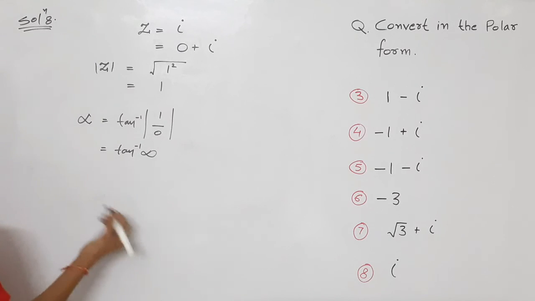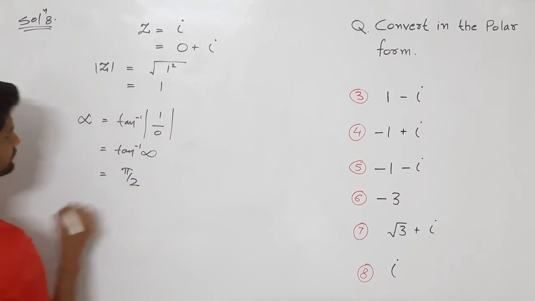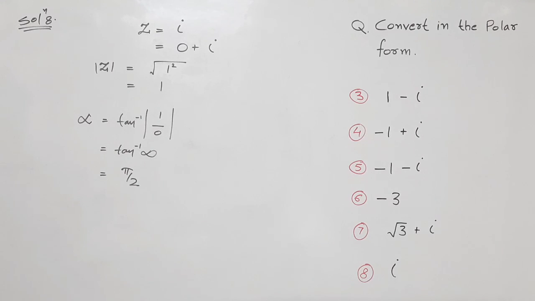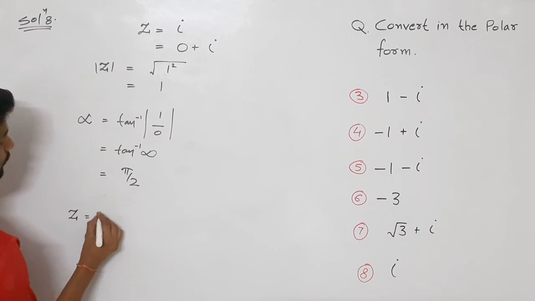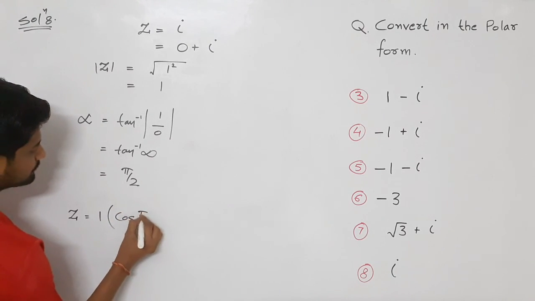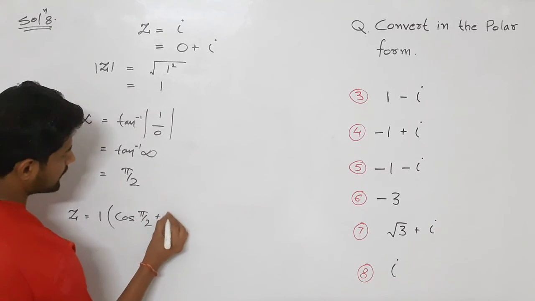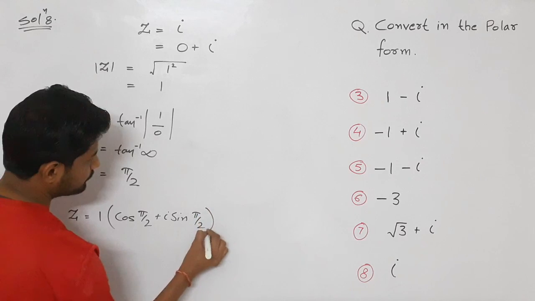Okay, and tan inverse infinite is pi by 2. So now I can write it as 1 into cos pi by 2 plus iota sine pi by 2.